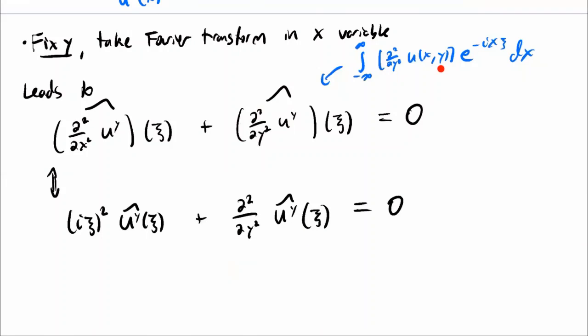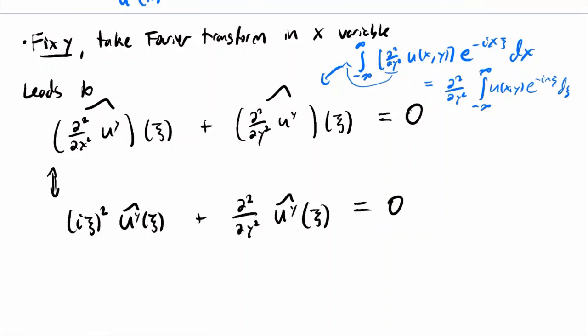Well, you're not integrating with respect to y, and here we're differentiating with respect to y, which is not the variable of integration. And so I can bring out this derivative to the outside, right? So this is equal to the second derivative with respect to y of the integral from minus infinity to infinity of u(x,y) e to the minus iξx dx.